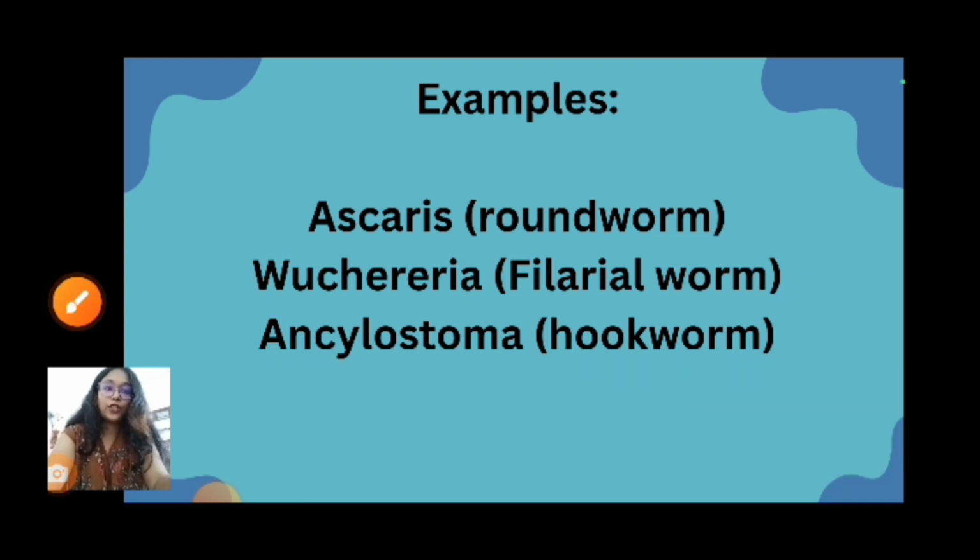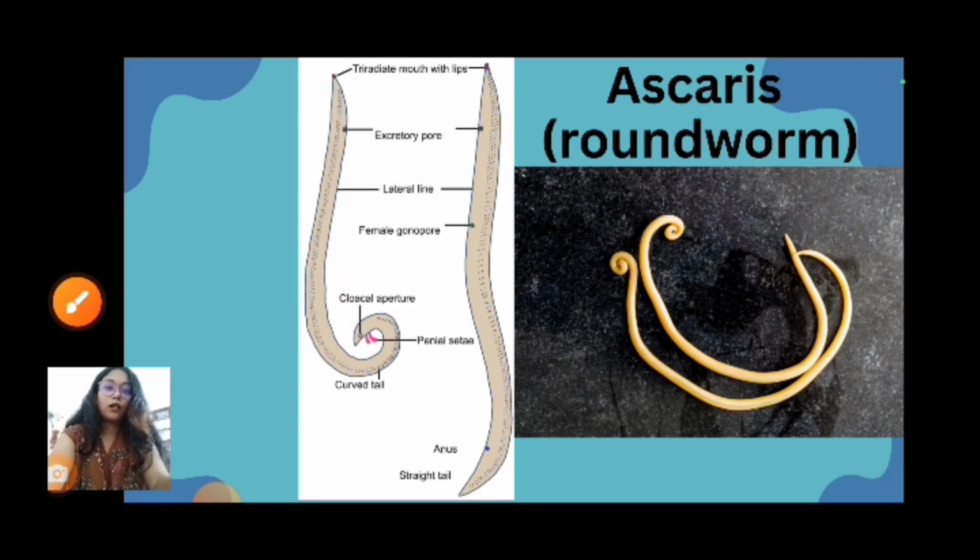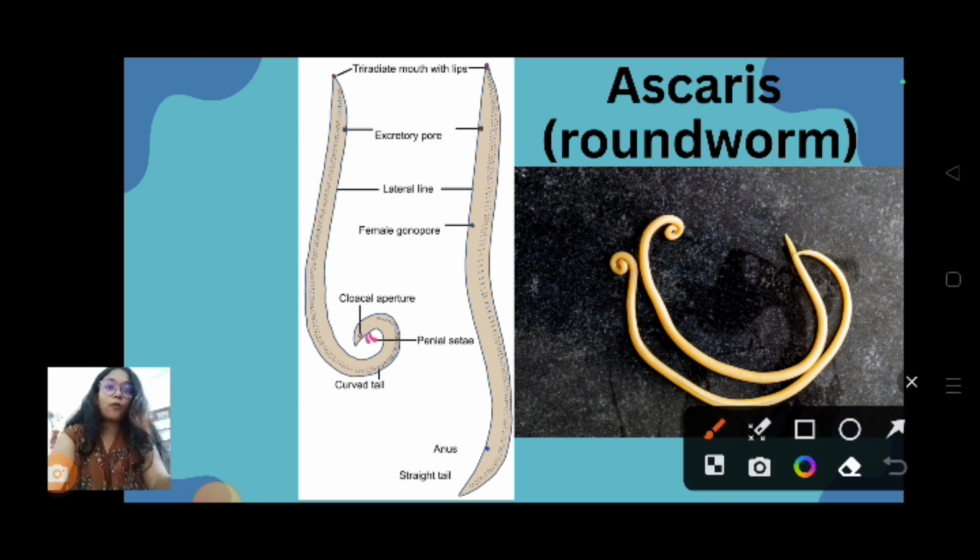Let's see a picture of a roundworm. It is an Aschelminth roundworm. See, in this picture you can see this is a female which is longer than the male one. This is a male Aschelminth. One more feature is that in case of male, penial setae are present, which are helpful in copulation. Penial setae are absent in case of female.